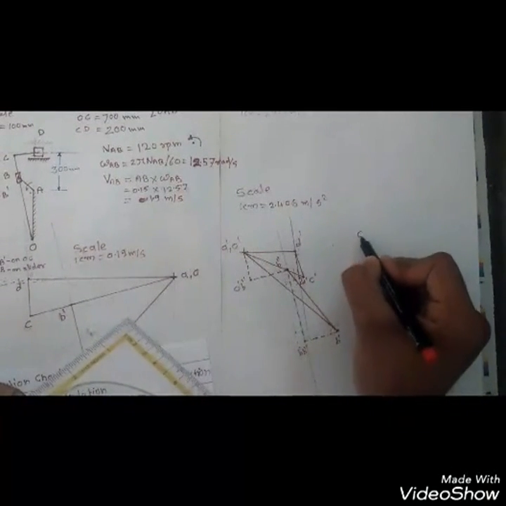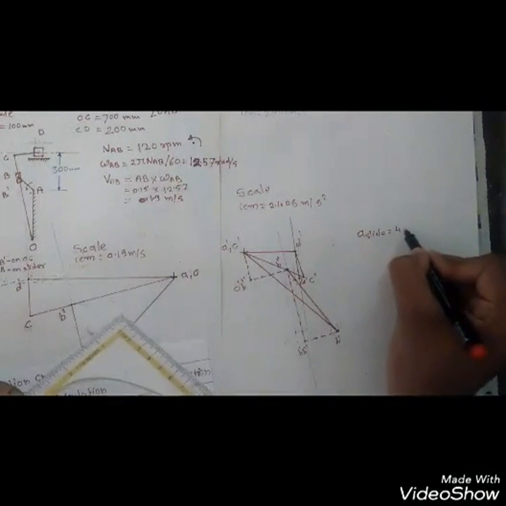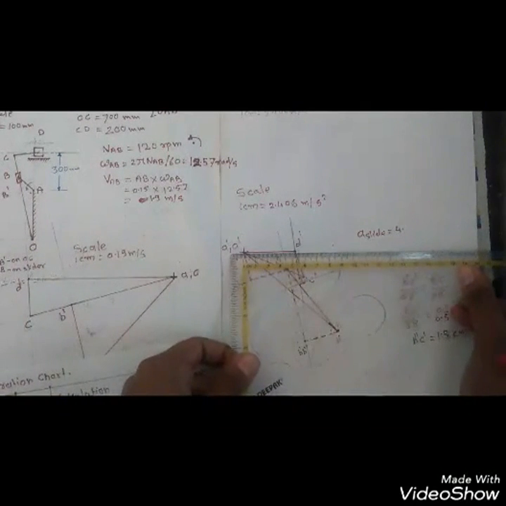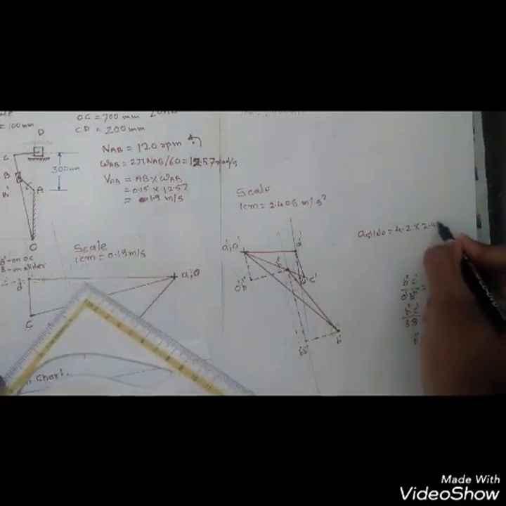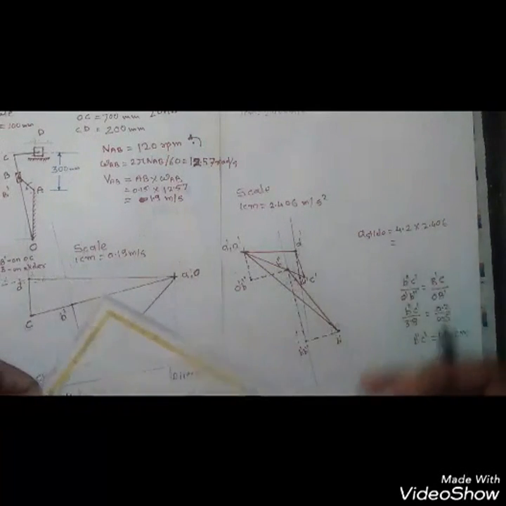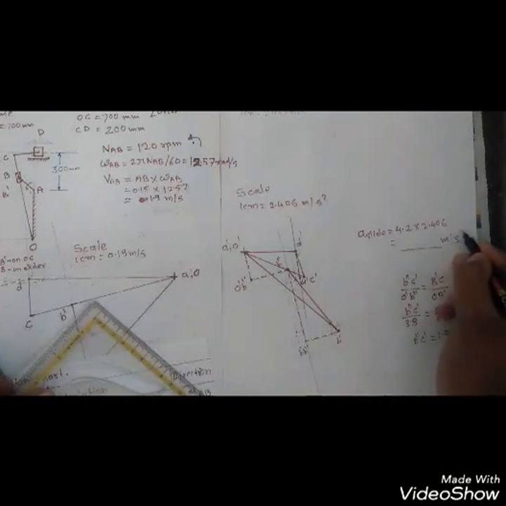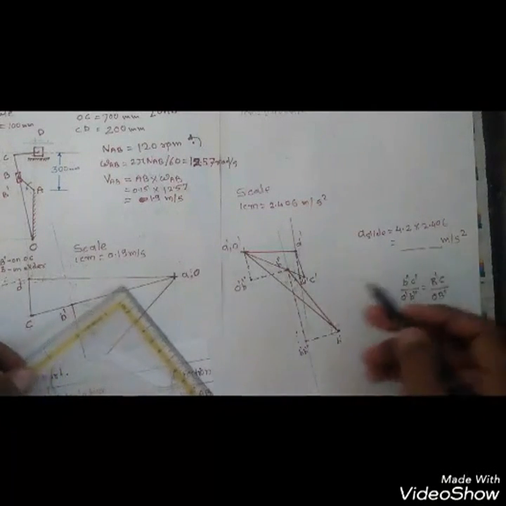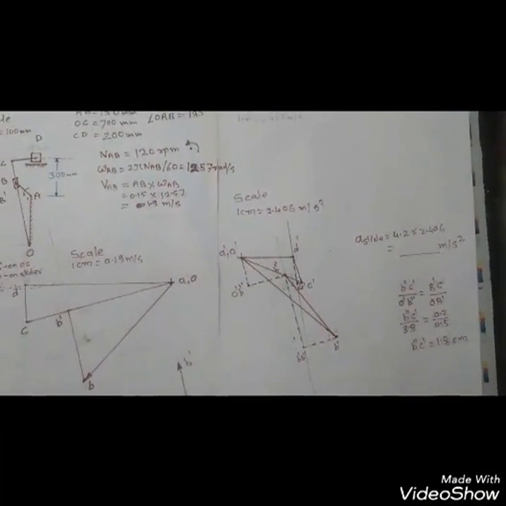Therefore, acceleration of the slider equals 4.2 into the scale, that is 2.406. You can calculate this to get the acceleration of the slider in meter per second square. Similarly, for each link you can calculate the acceleration. Here we are finishing this problem.